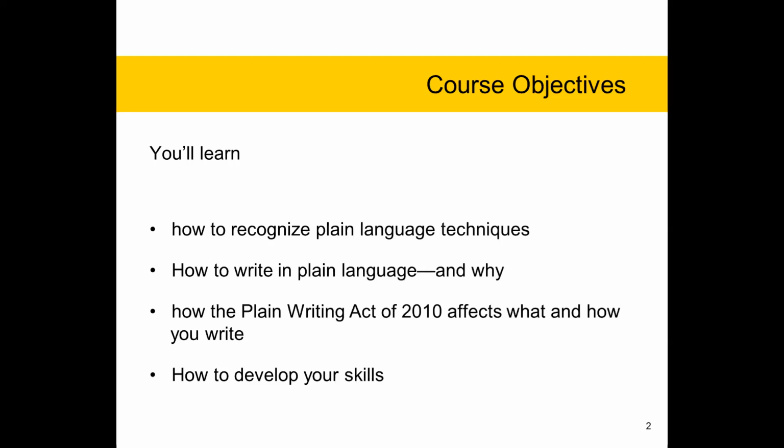That will depend on your job, although you have probably heard from any other writing class that you've ever taken that plain language, plain writing, whatever you're calling it, is a best practice. You'll learn more about the law. And we'll work on how you can develop your skills, because that's always sort of, where do I go next? So this is what I'm going to be discussing today.